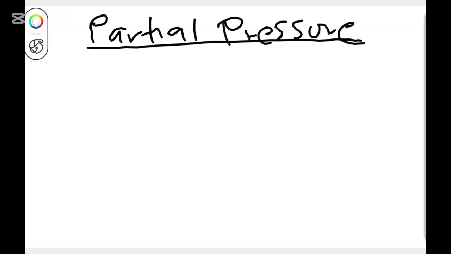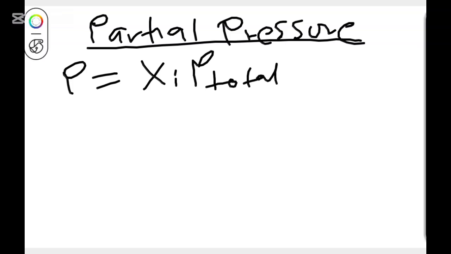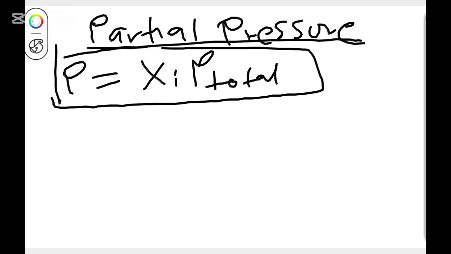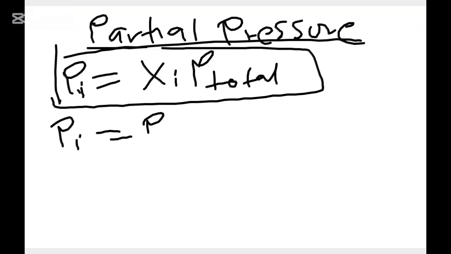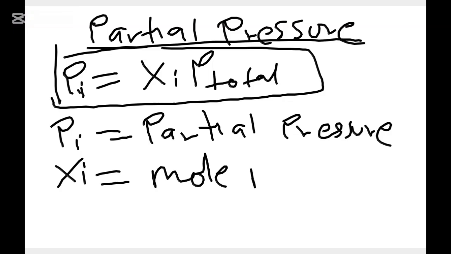So we have the partial pressure formula. The partial pressure, Pi, is the same thing as Xi times P total. Sorry, this is Pi, which is the partial pressure, whereby the Xi is the mole fraction.